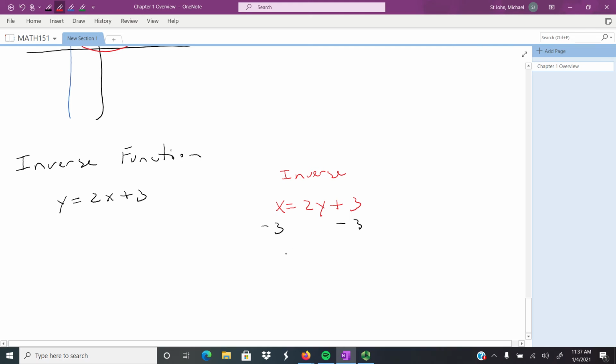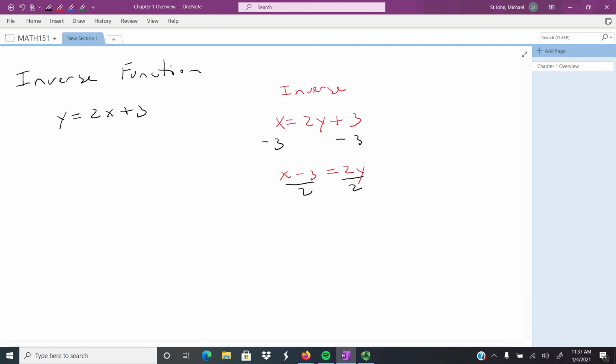So we have x minus 3 equals 2y, and then I can divide by 2. We end up with y equals x minus 3 over 2. So f of x was equal to 2x plus 3, and my inverse, f inverse of x, is x minus 3 over 2.